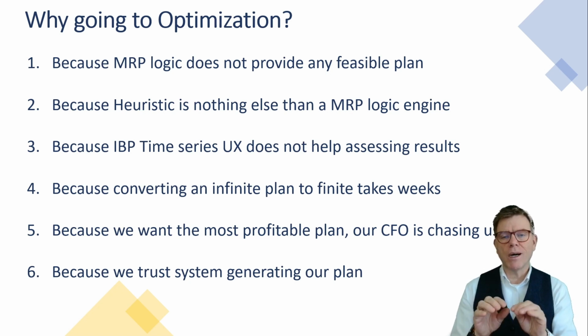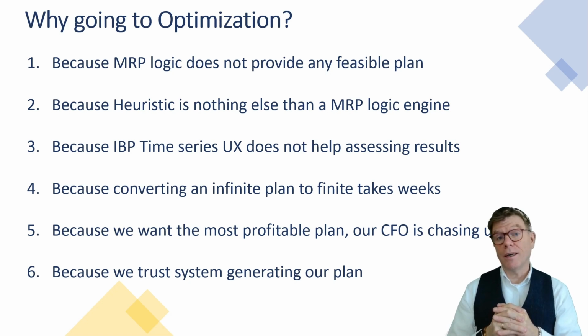No way. It's by the detail, moving products, adjusting production orders, transport orders. This is tough work to do. Because we want a profitable plan, and heuristics does not deliver that. So that would be a reason to go for the optimizer, and also because you trust the system to provide you a plan. These are the options which would explain why you could go for optimization.